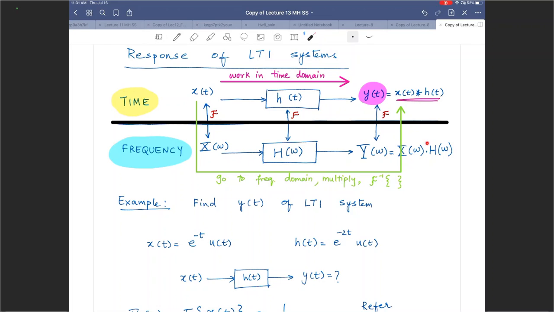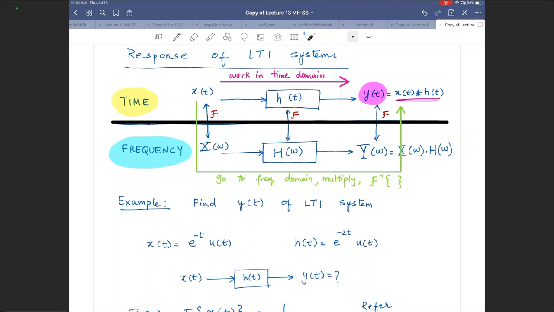So that's the second step. Multiply them to find the Fourier transform of the output. Then the last step is, because you want to actually go back to the time domain, you take the inverse Fourier transform.